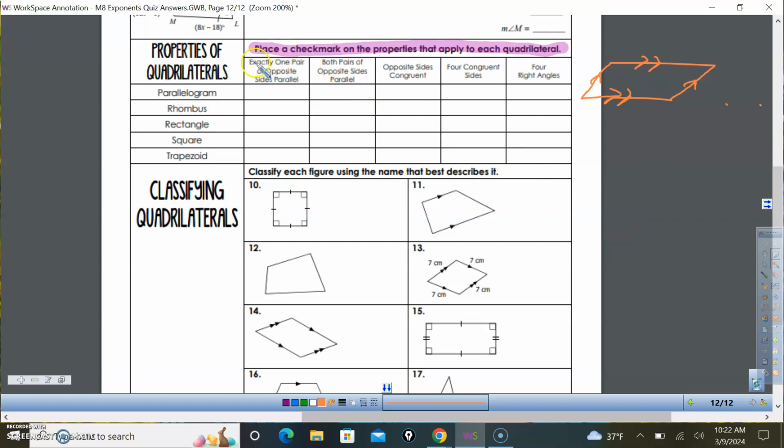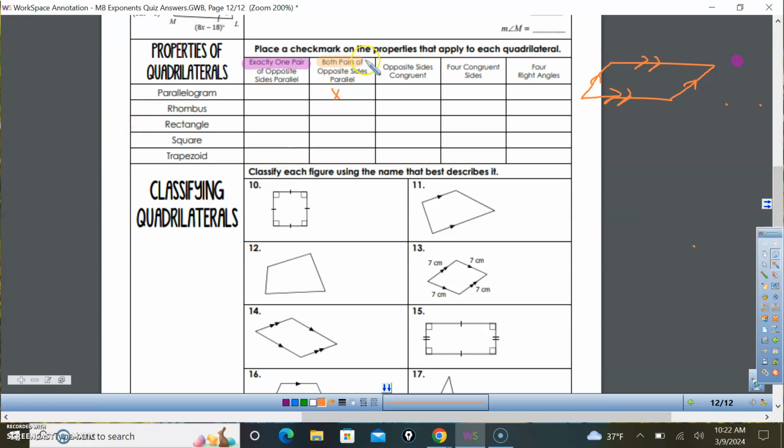So right here it says exactly one pair of opposite sides parallel. That does not work for a parallelogram because a parallelogram has both sides that are parallel to each other. With these first two categories, it's a one or the other type of scenario. It can either have exactly one pair of opposite sides that are parallel or both pairs. You can't have check marks in both of those columns, right?